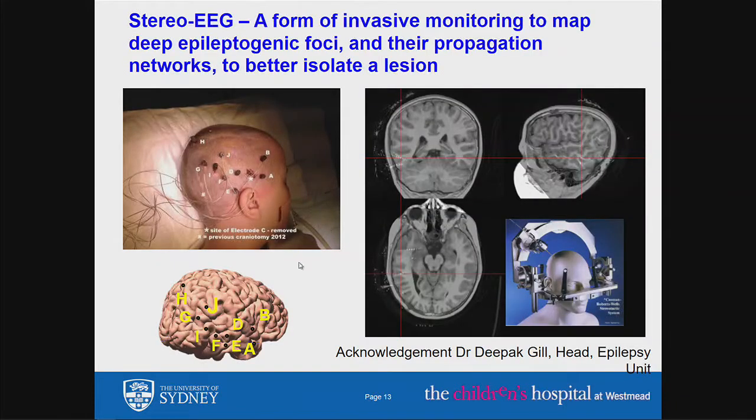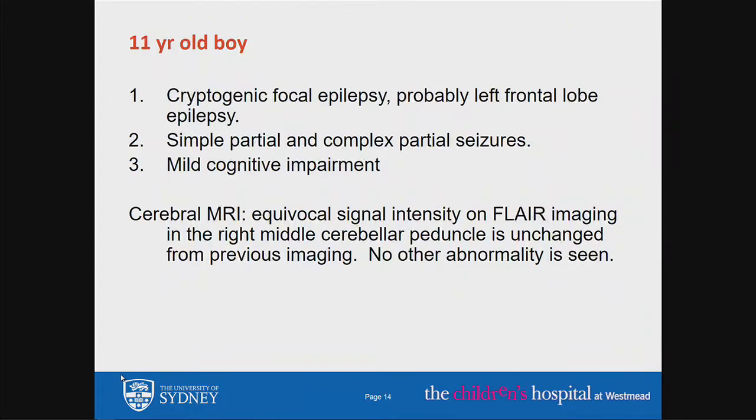So this is where depth electrodes are placed through into the deeper tissue, with then awake monitoring occurring on the epilepsy ward over a period of a few days. Continuous monitoring trying to determine the origin of the epileptogenic focus for which to guide surgery.